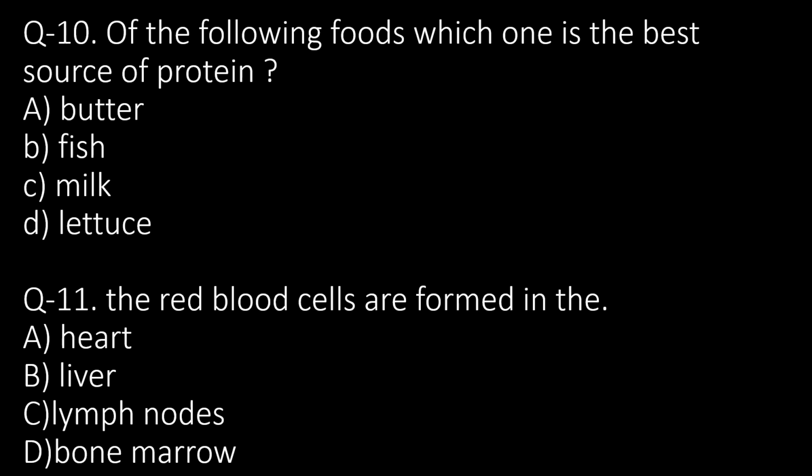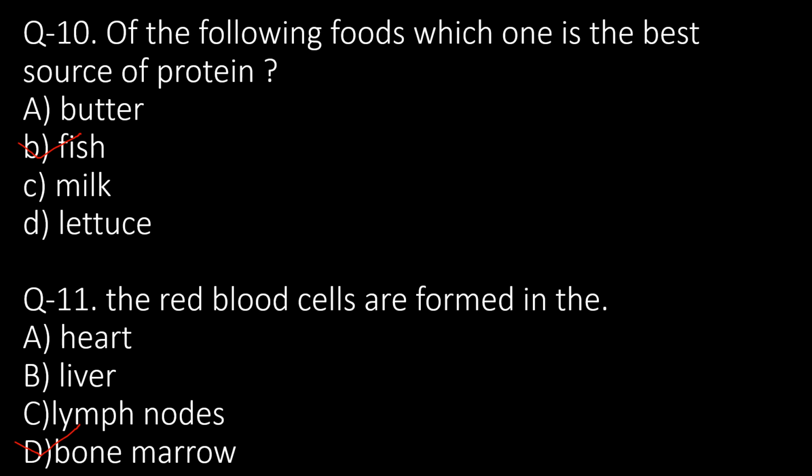And the right answer is option B, fish is the best source of protein. Our next question is: the red blood cells are formed in the. And the right answer is option D, bone marrow. Red blood cells are formed in bone marrow.